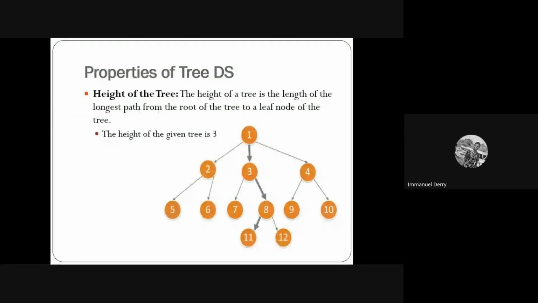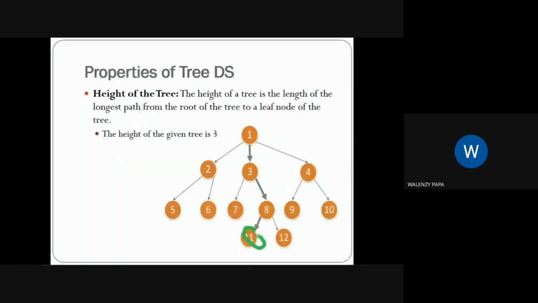All right. So if we are asked to find the height of the tree, we are seeing two things over here. When you pick it from 11, then the parent node, that is 1, is 3.